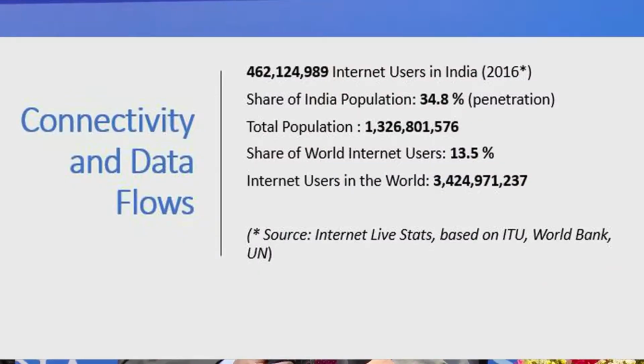It's a citizen-centric focus on data flows. And this is because of the problems that we acknowledge and that you've put up in your chart as well, of internet penetration and connectivity in India. 34% of our population is right now digitally enabled or empowered. And that leaves a huge amount of space which has to be filled up.